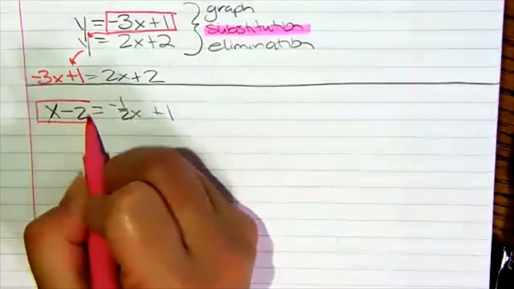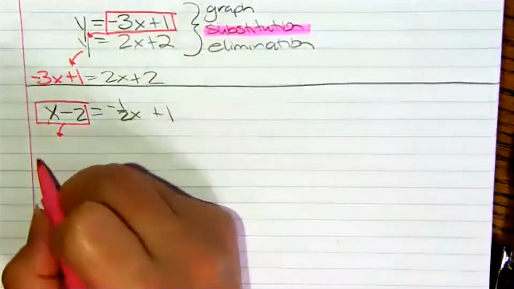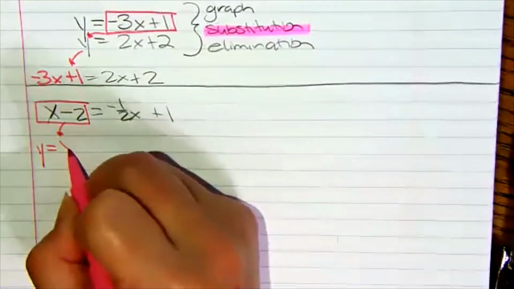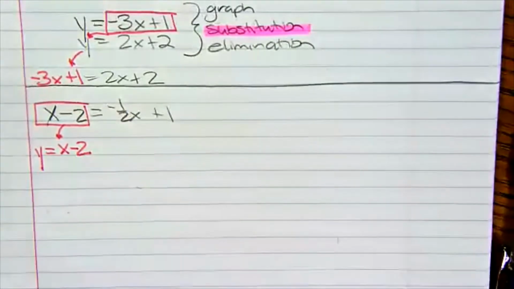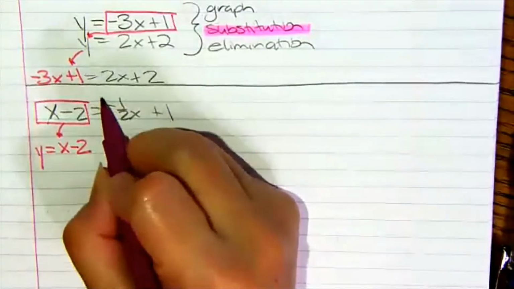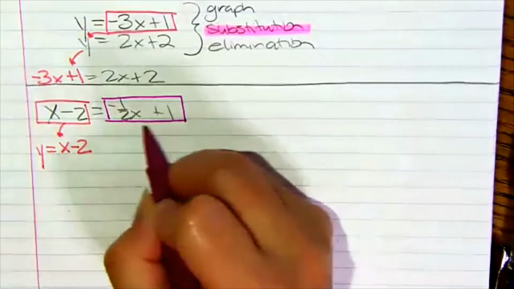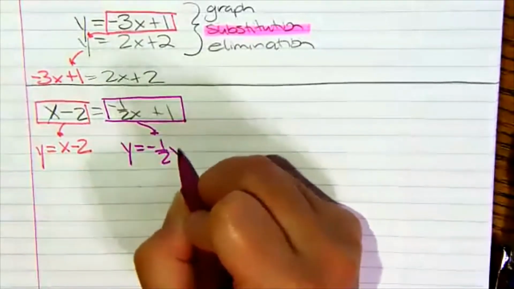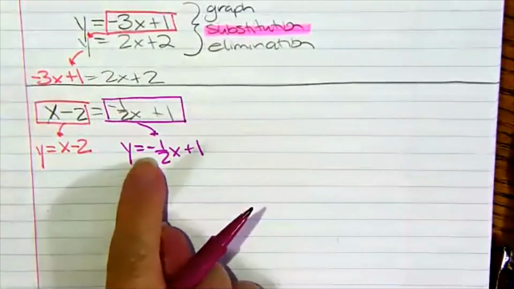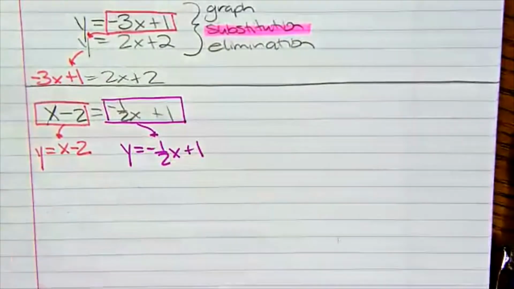So I'm going to take this expression, y equals x minus 2, and turn it into this equation. Then I'm going to take this expression and turn it into an equation. y equals negative 1/2 x plus 1.